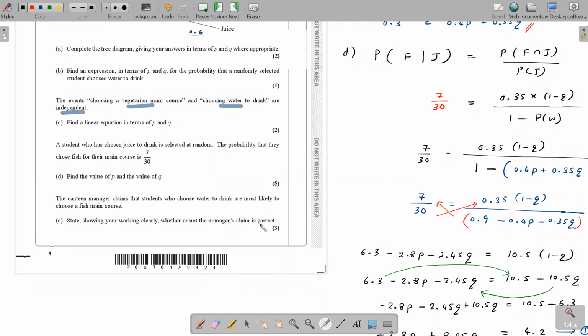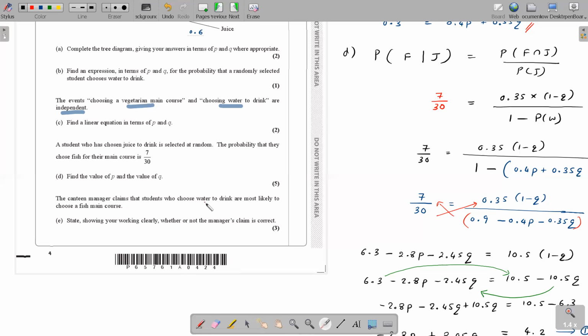Okay, so what we'll do here is, children, what students are we concerned about here? The students who choose what? Fish? No, water. Now the manager claims the students who choose water are more likely to choose fish. So are we considering the entire student population?